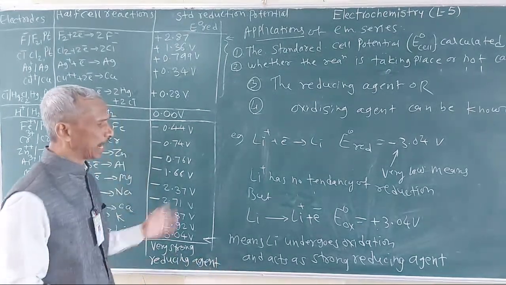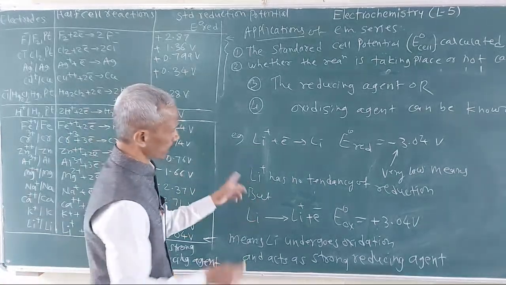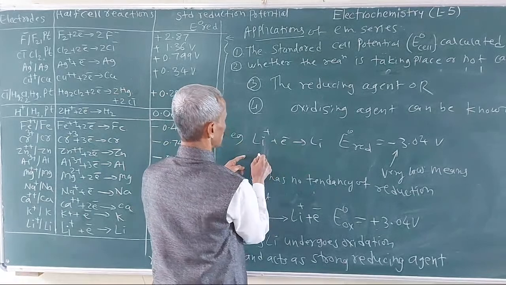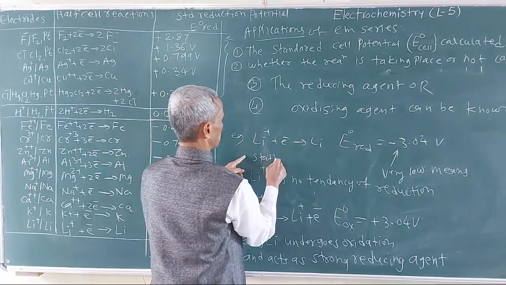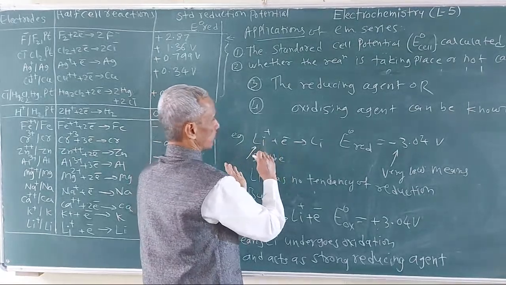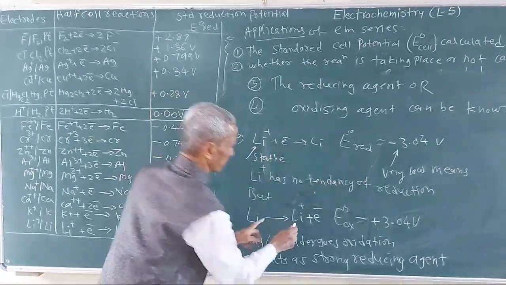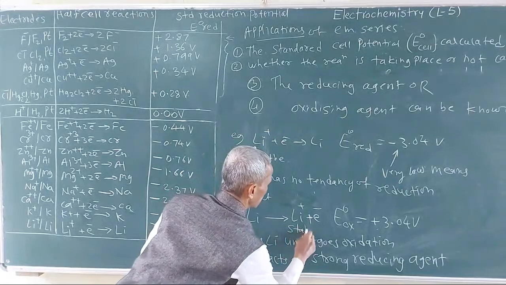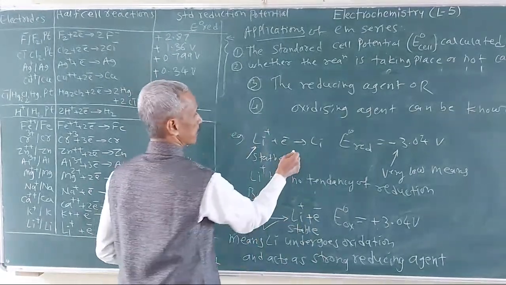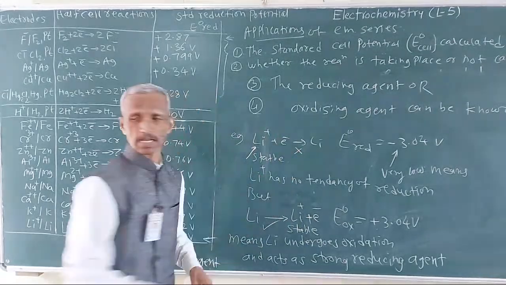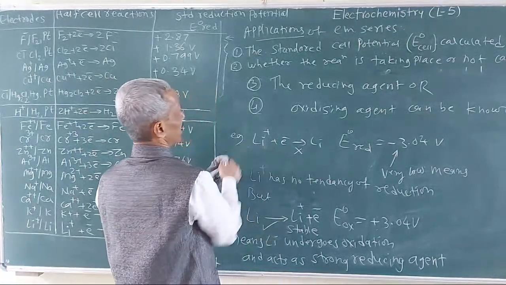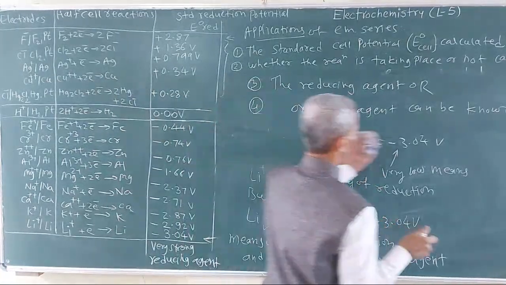Now in this case, it can also be said that this is the stable one. Lithium ion is stable. So this is stable and this reaction is fast, but the other has less tendency to occur. Now consider one more example.